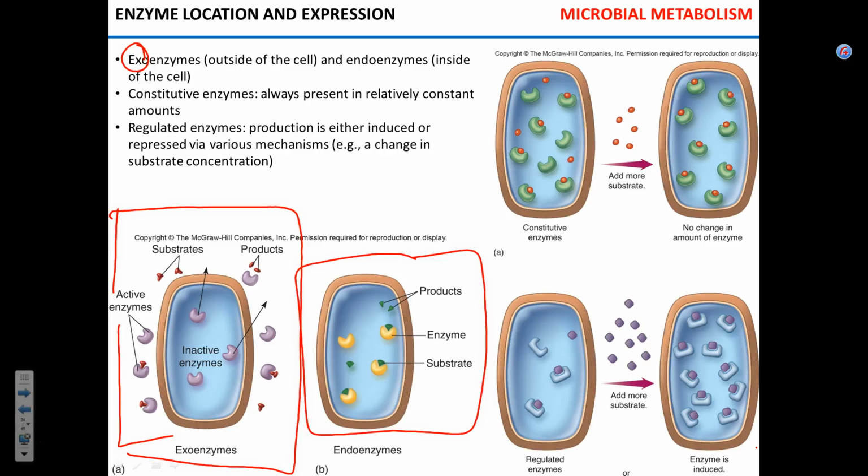Does that make sense? Those exoenzymes can modify the environment so these guys can grow. Does that make sense? These guys can get the food out.